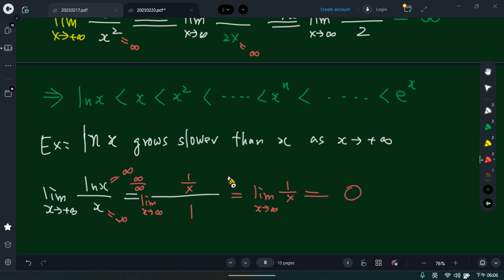Then the value is 0. So you can see, if we put this ratio and calculate its limit as x is approaching positive infinity and the final result is 0, we can say that ln x is slower than x, right?